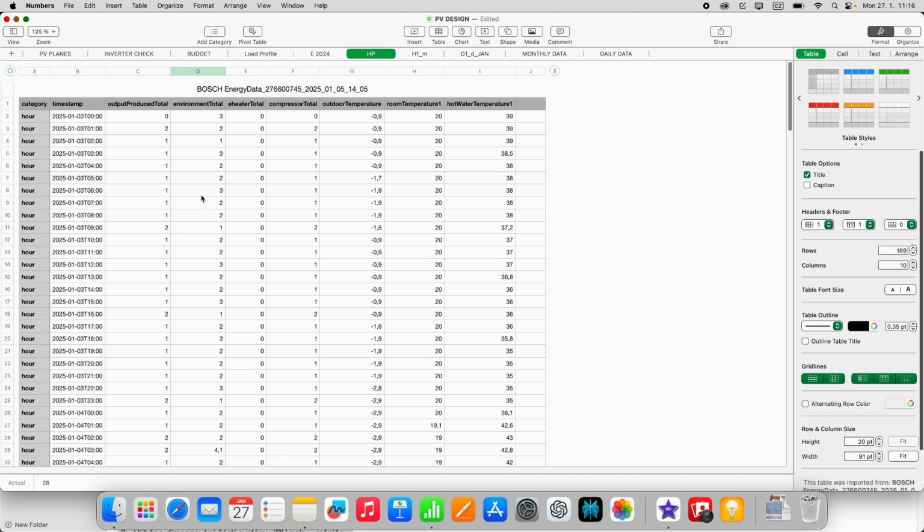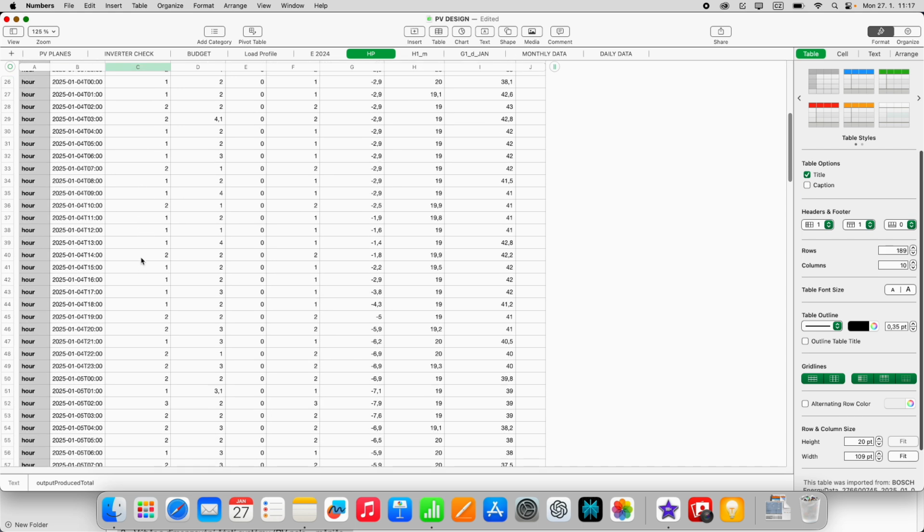And so the heat pump actually produces more heat than it consumes electricity, because it basically produces energy from the air temperature potential on the outside of the building.